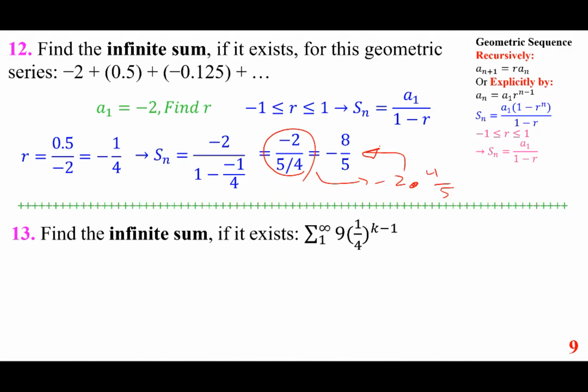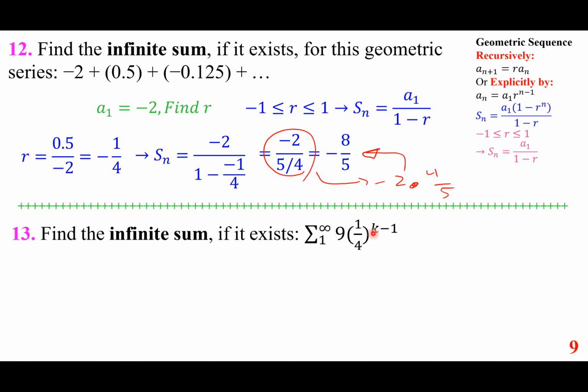We want to do the same thing here, and either you notice just by looking at it that this is a geometric sequence with 1/4 being the R and 9 being the first term, or just write it out. So let k be 1. If k is 1, this is 0, 1/4 to the power of 0 is 1, so it becomes 9.